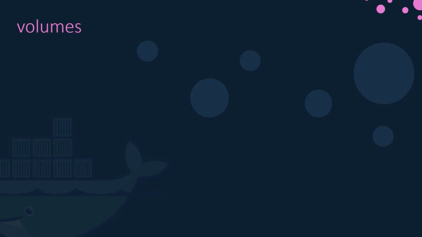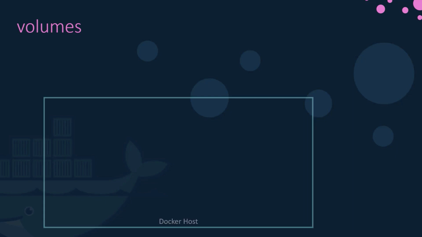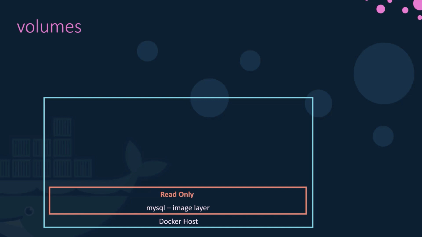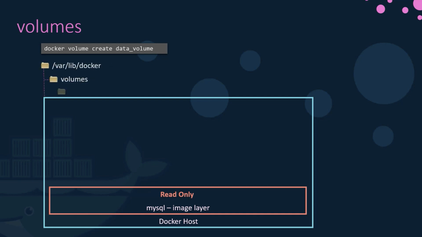To do this, first create a volume using the docker volume create command. So when I run the docker volume create data_volume command, it creates a folder called data_volume under the /var/lib/docker/volumes directory.